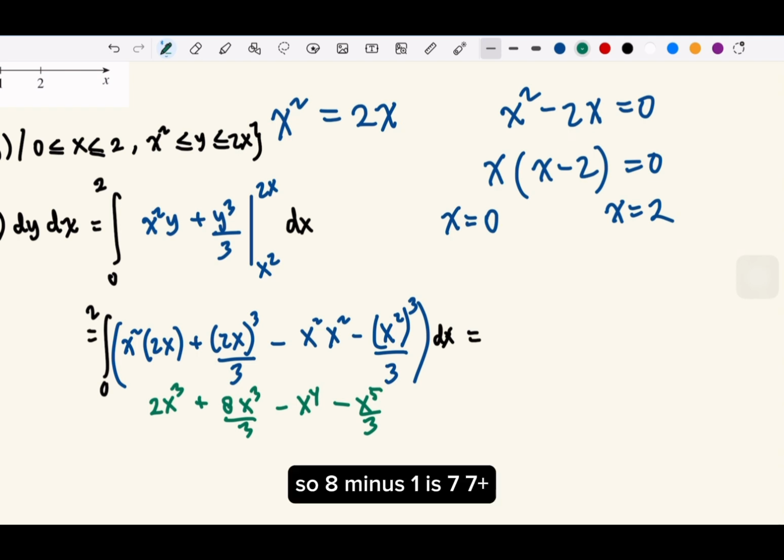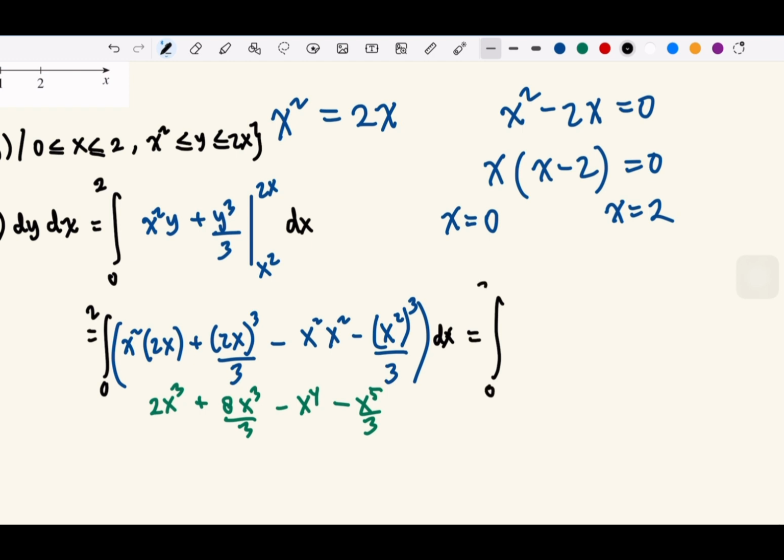So 8 minus 1 is 7. 7 plus 6. So we can write this will be x cubed, x to the 4.